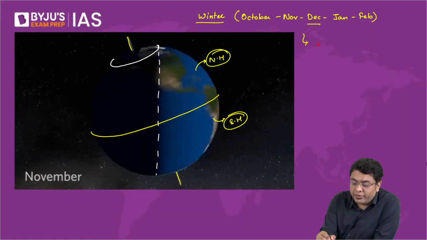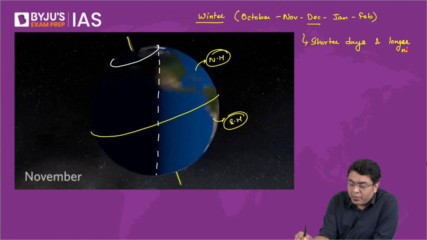This is the winter. Now, during this time, what do we experience? We experience shorter days and longer nights. Where? In the northern hemisphere. And longer days and shorter nights.